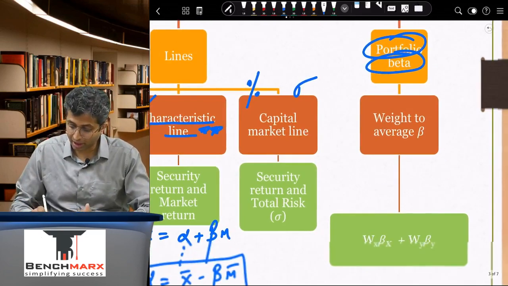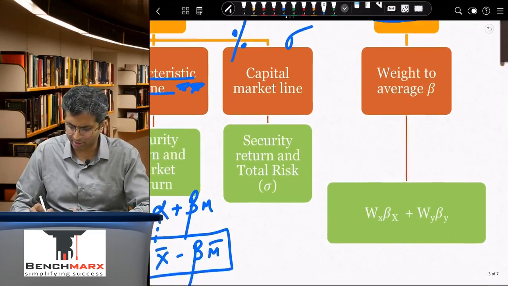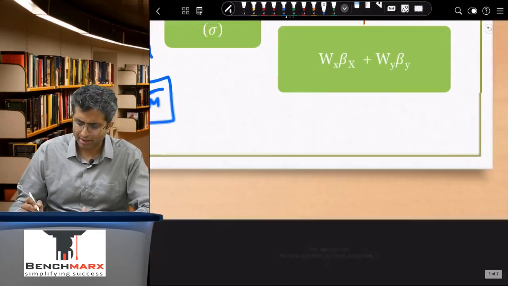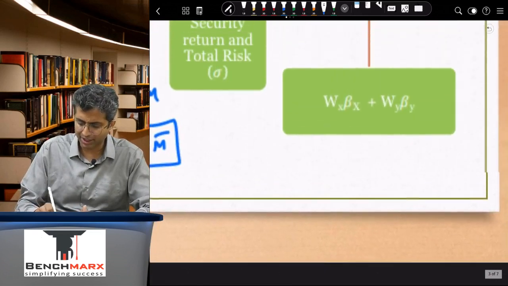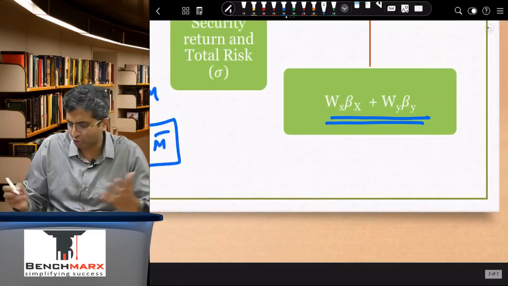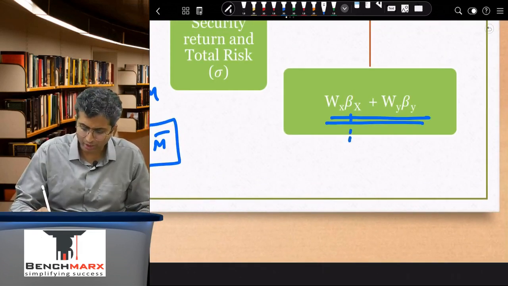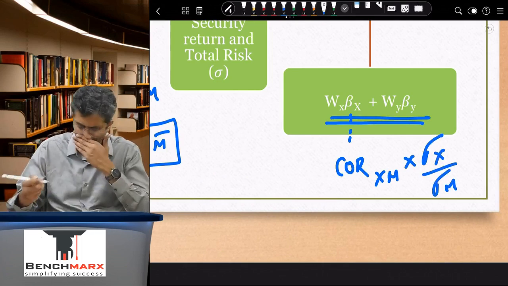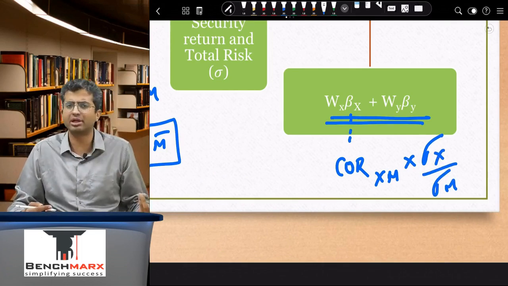In a similar way, beta also can be negative, and as a result, when we calculate the portfolio beta, it is calculated as a weighted average beta, where weight of x into the beta of x plus the weight of y into beta of y. In any case, when you calculate the beta, correlation will be factored in, correlation of x with the market into standard deviation of x upon standard deviation of m. It is already a part of beta, so you don't need to separately take the correlation.